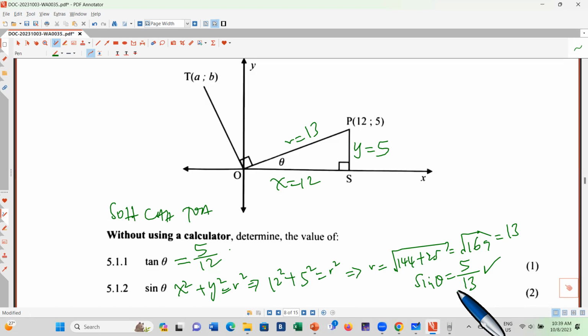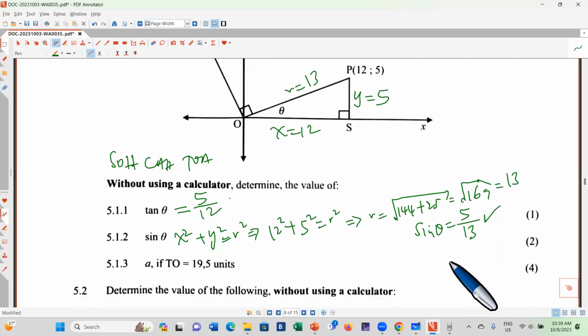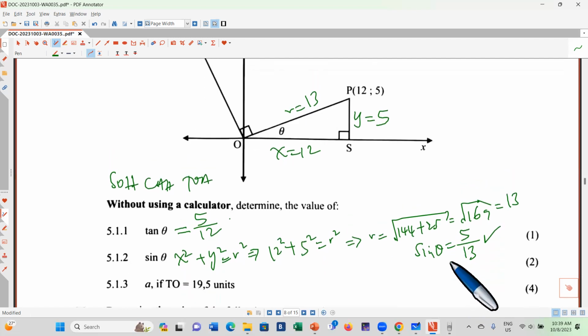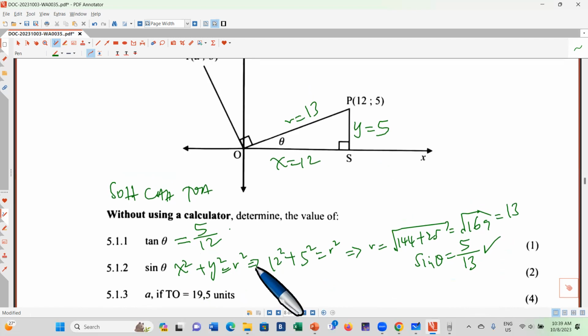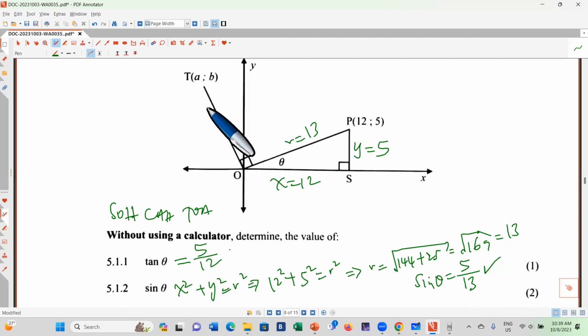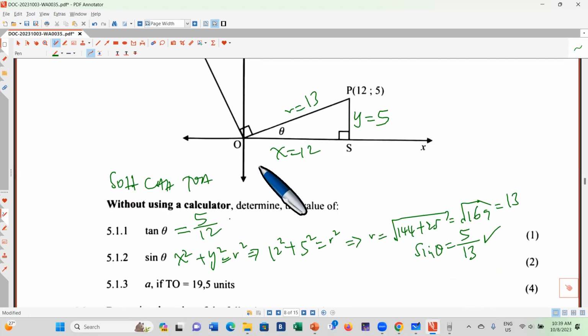Next question. Let's look at the next one. In 5.1.3, they are saying determine the value of A if TO is what?